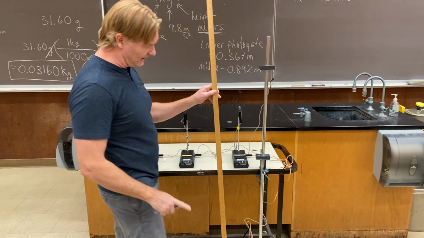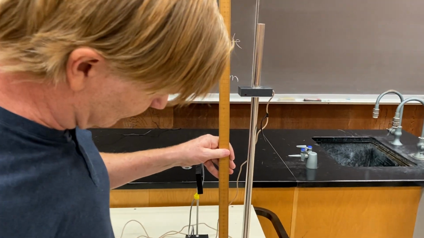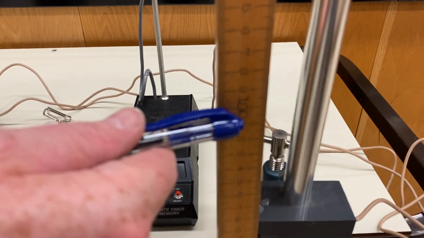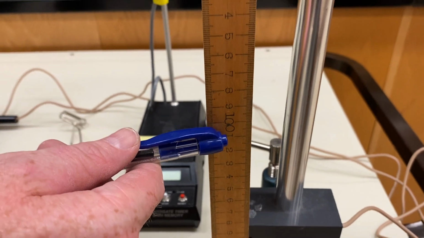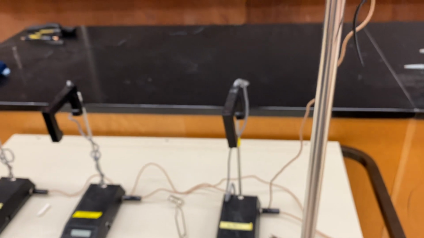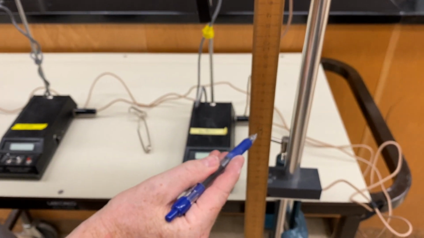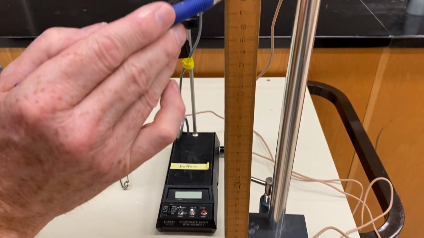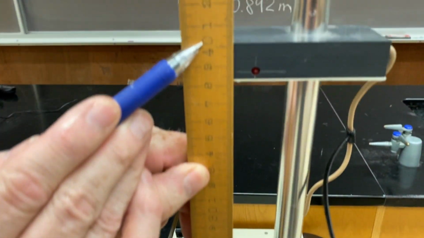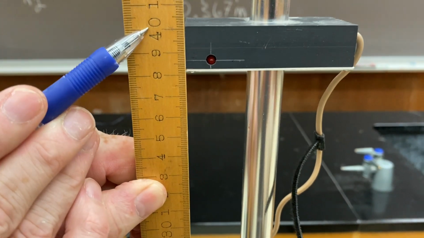This one's a little tricky though because it's over 1 meter off the ground. So here's the 1 meter mark. So it's a little bit tricky. Looks like this thing, yeah, let's flip it around. So there's our 1 meter mark. 1.1, 1.2, 1.3, 1.4. So it's less than 1.4.